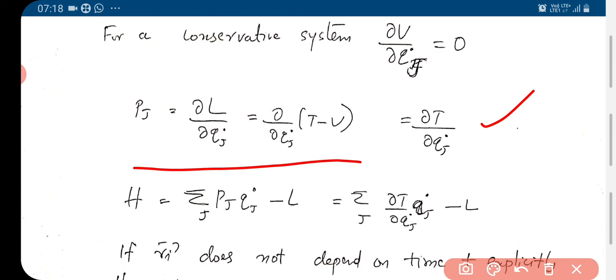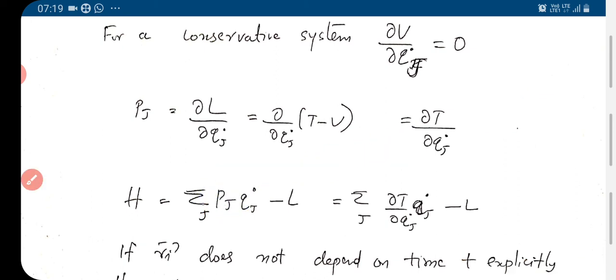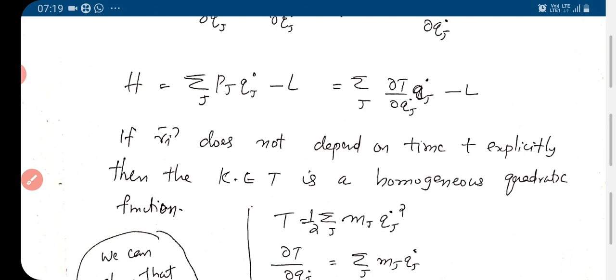So generalized momentum, which is ∂L/∂q̇j, is ∂T/∂q̇j. So here for the Hamiltonian function, for pj, I can substitute this ∂T/∂q̇j.